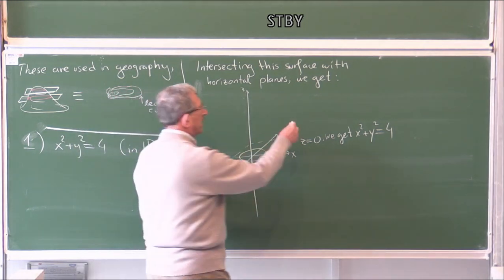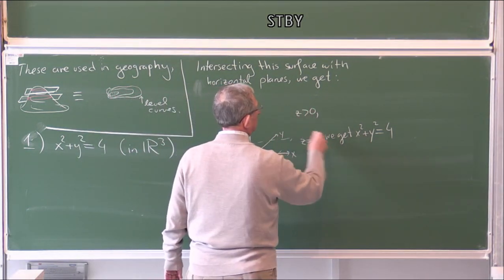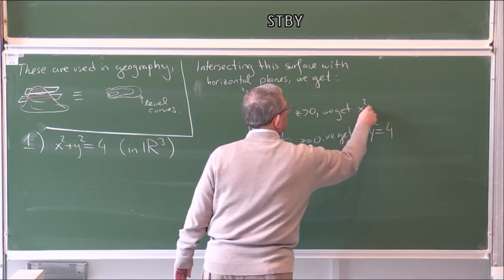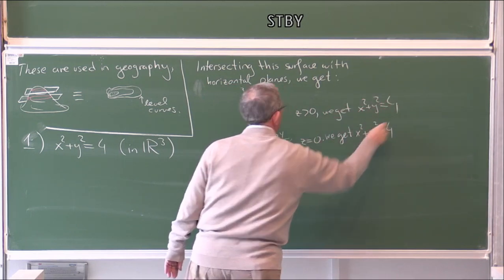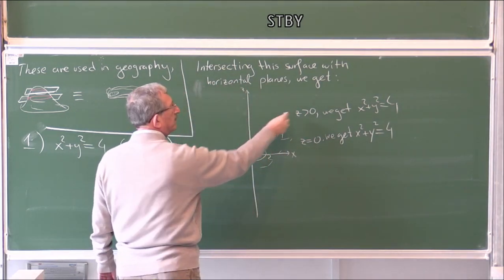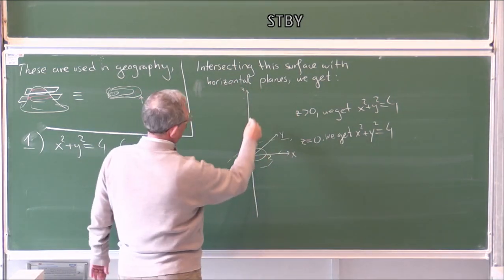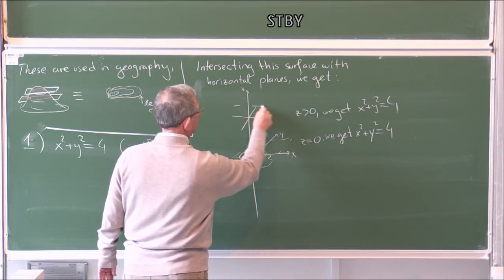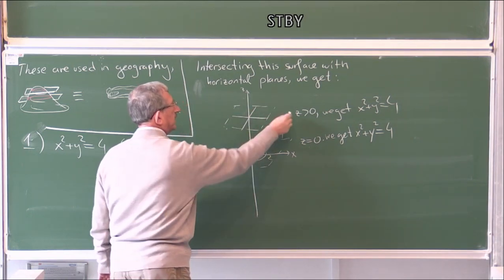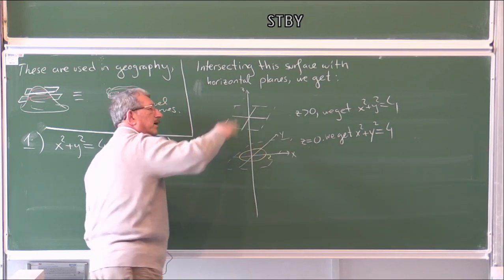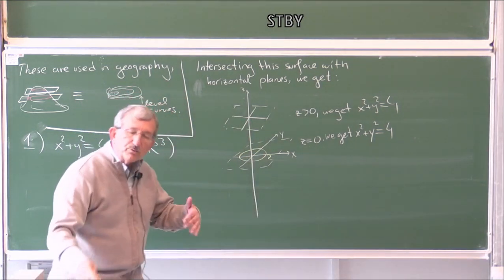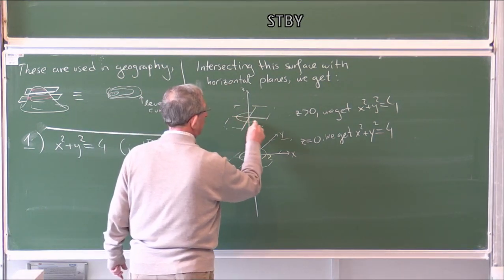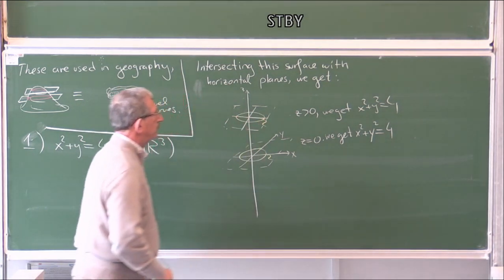Now, change that. We still get x squared plus y squared is 4. But this is a different level because z is greater. So we have something like this here. Z is bigger, we are elevated, but still we get the same figure. So we still get the same circle with radius 2.